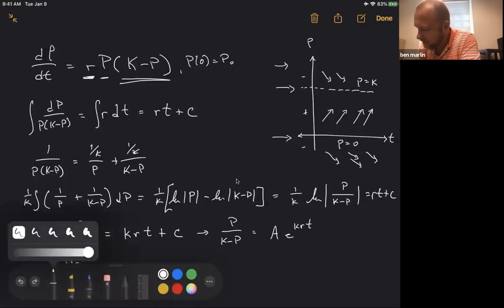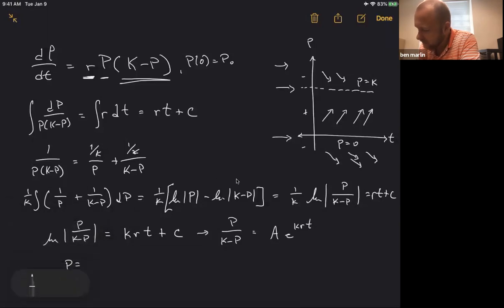I meant to have that say equal to K A e to the rt, and then minus P times A e to the rt.